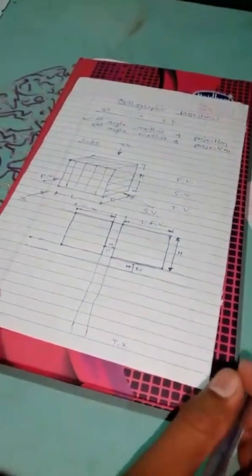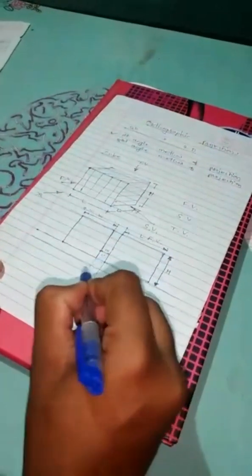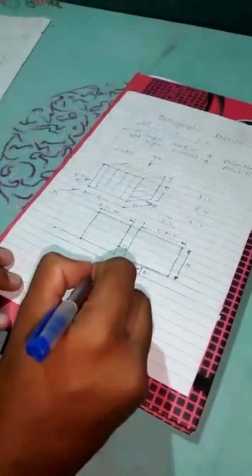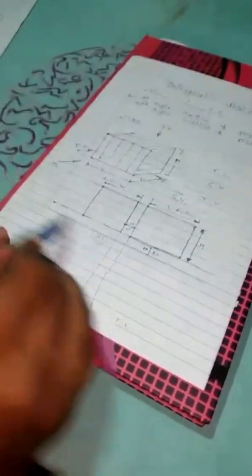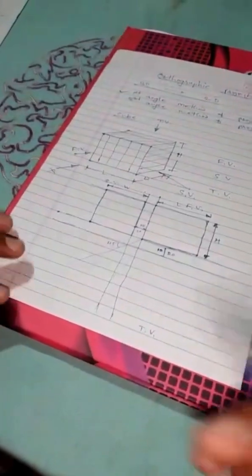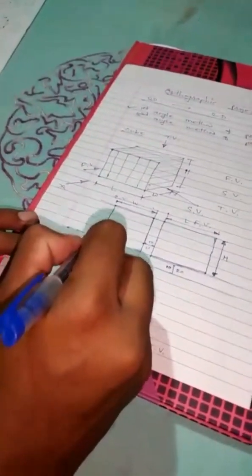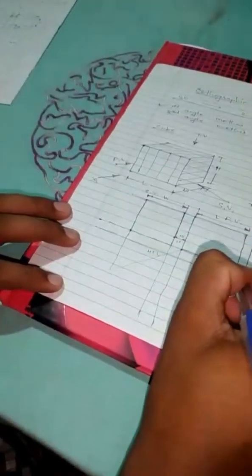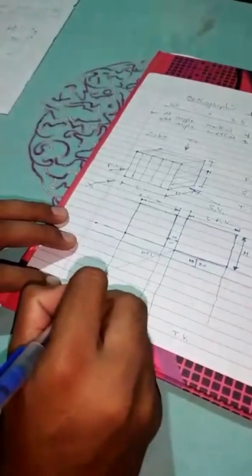After that, we will go for the top view. For the top view, we take this reference line. This line should be at 45 degrees with this plane. We take these projections by faint lines and transfer them to the top view.